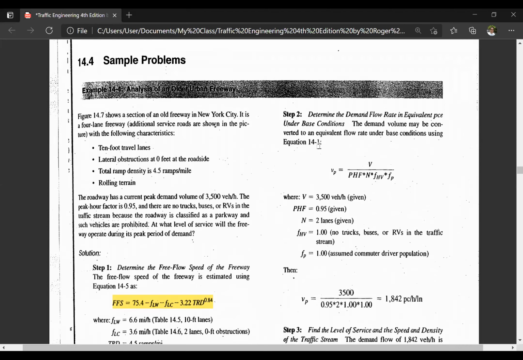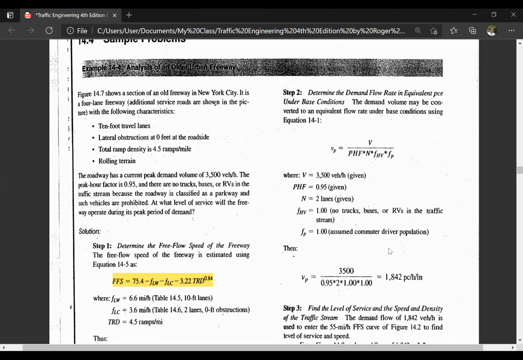Under equation 14.1, we can identify demand flow rate as vp right here, while V is the total volume, which is 3,500. PHF identified already is 0.95. N, number of lanes. FHV, no truck or bus, so it's 1.